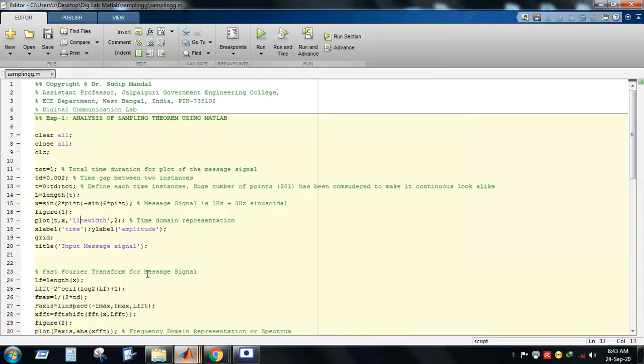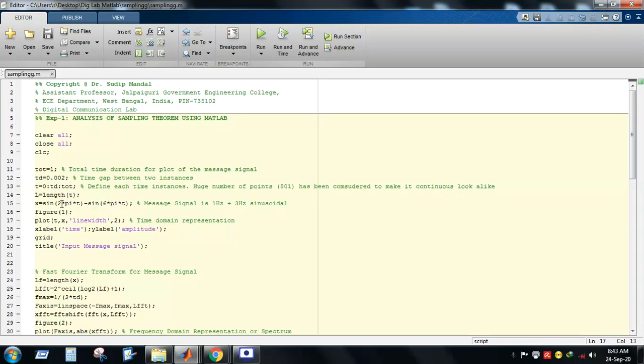Now, coming to our problem, first of all we have to consider a message signal. For this experiment we'll consider a message signal like this: sine 2 pi t minus sine 6 pi t.